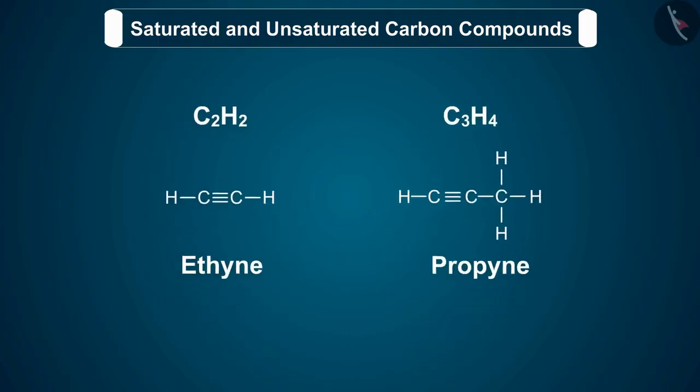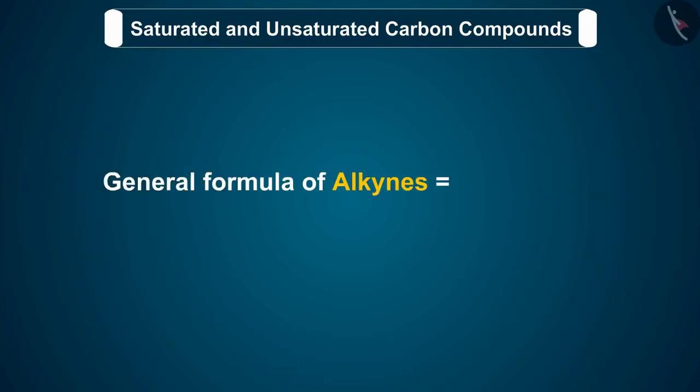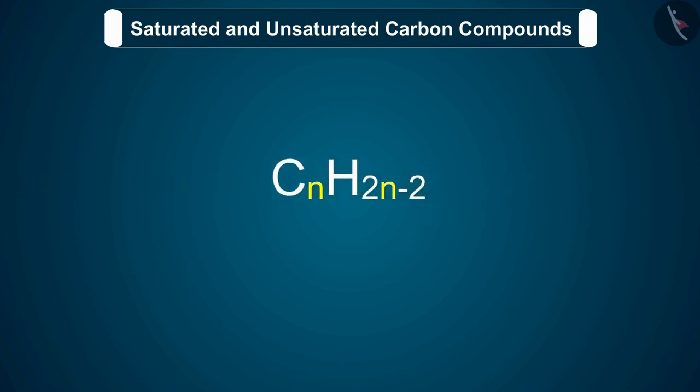Ethyne and propyne are alkynes because they contain a triple bond between two carbon atoms. Also, another amazing fact is that there can be no alkyne having only one carbon atom. The general formula of alkynes is CnH2n-2, where n is the number of carbon atoms in one molecule of alkyne.